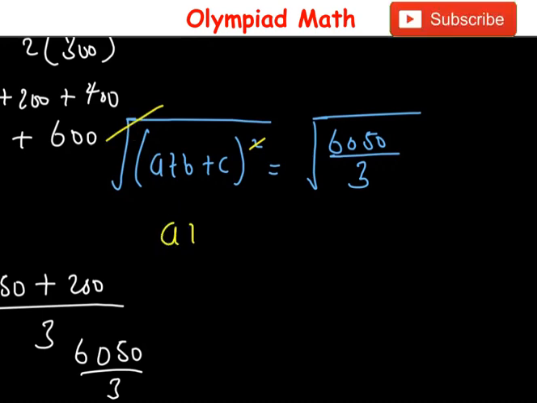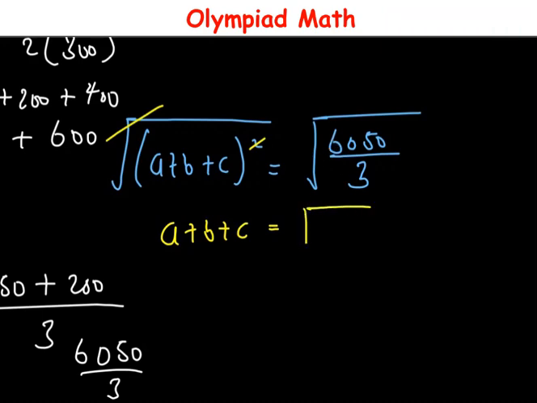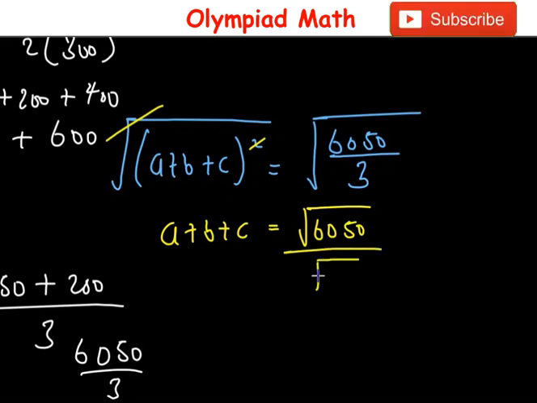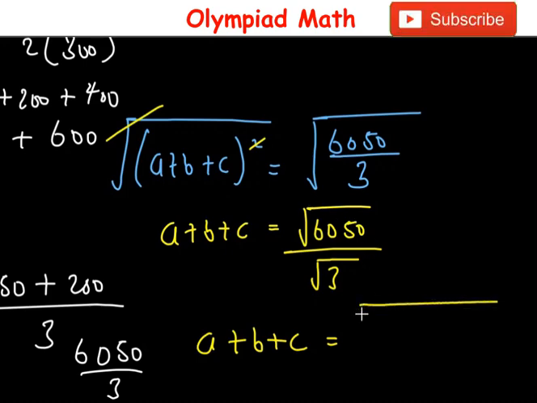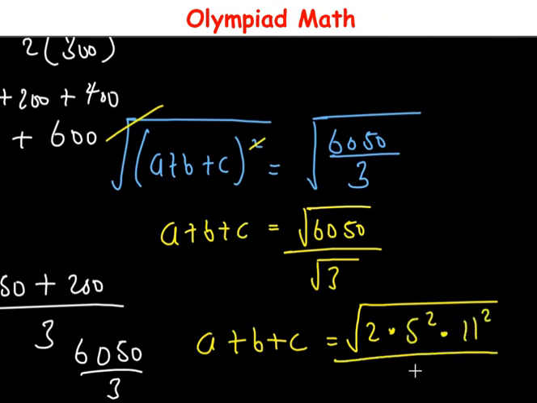We have A plus B plus C. This equals the square root of 6050 over the square root of 3. From here, the square root of 6050 can be written as the square root of 2 times 5 squared times 11 squared, all over the square root of 3.